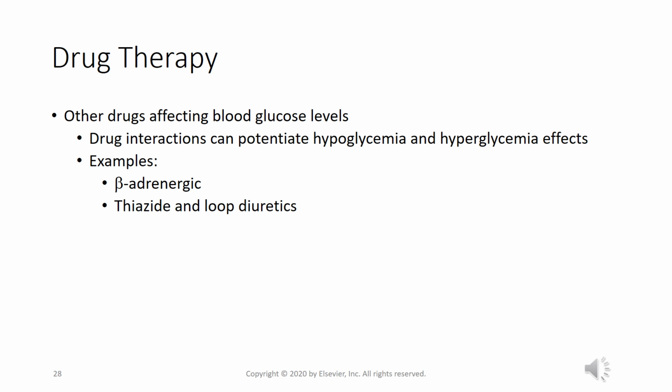A client that's diabetic, that's on a beta blocker, might not have the classic symptoms of hypoglycemia that someone would normally experience, that shakiness, that tachycardia, because they're on a beta blocker. Thiazide and loop diuretics can actually cause hyperglycemia. So just being aware of other drugs that your client is on their med list is important.